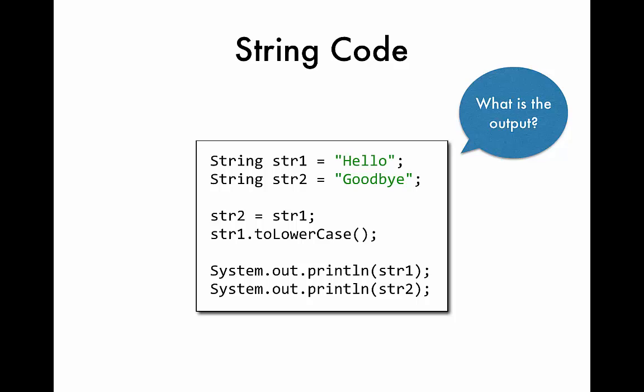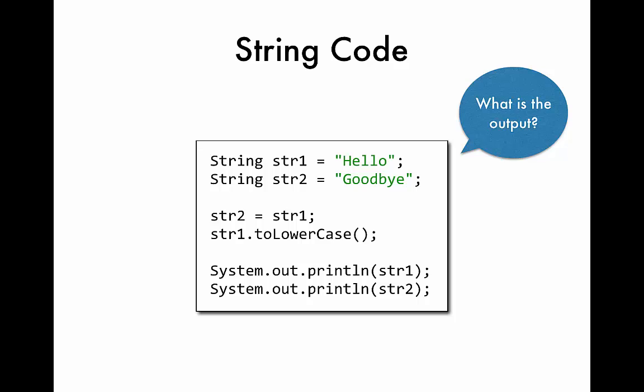For our last example, we'll work with strings. Two strings are declared, string 1 and string 2. String 1 is initialized to hello with a capital H, and string 2 is initialized to goodbye with a capital G. Then string 1 is assigned to string 2. And the method toLowerCase is called on string 1.